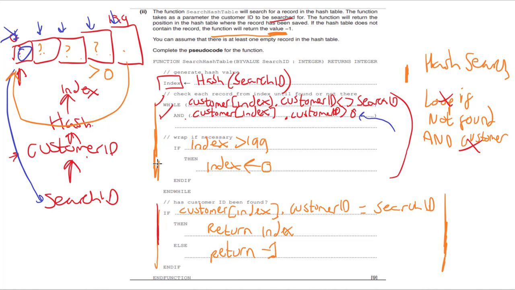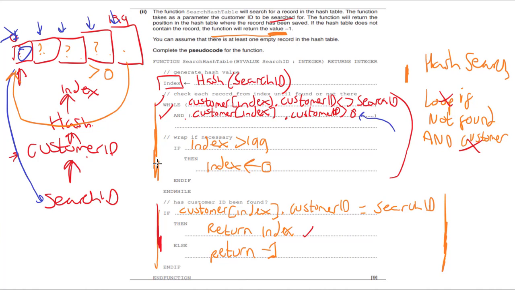This part is after the loop, and here we're going to simply take, if this loop's broken because of the index customer ID being found, then we're going to return index.